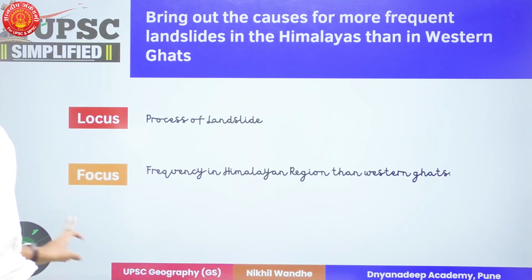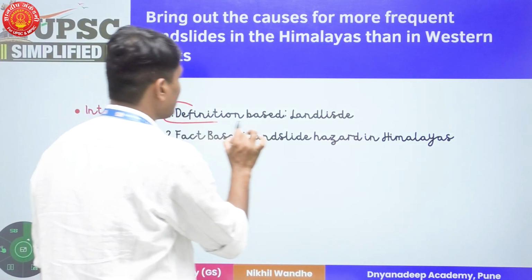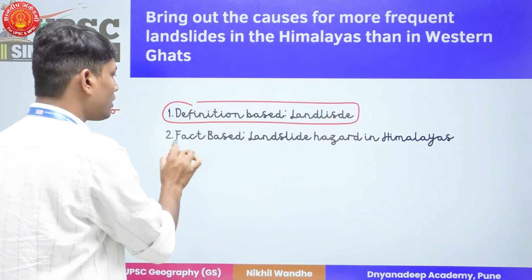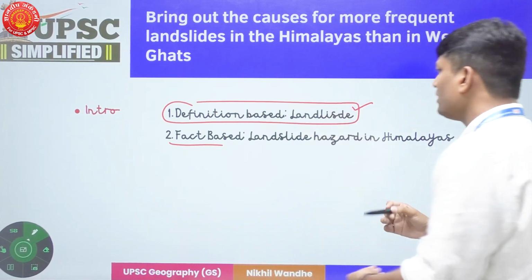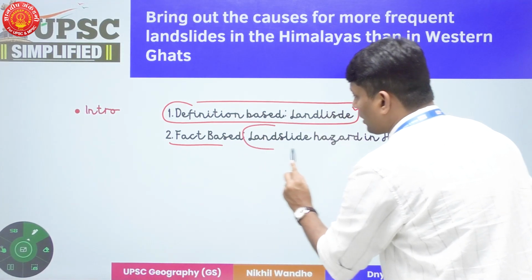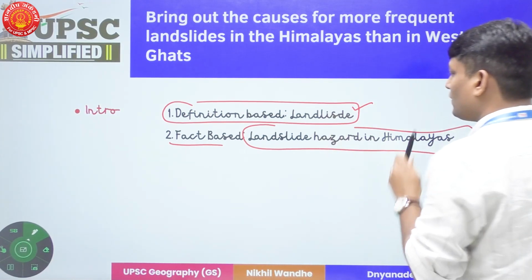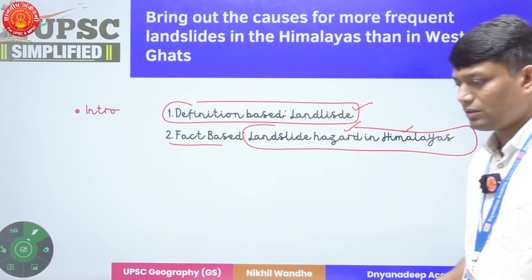Let us start with the introduction. Now, again, an introduction can be definition based or fact based. If you are giving a definition based introduction, just define what landslides are. If you are giving a fact based introduction, give some fact on the landslide hazard in the Himalaya. Now there can be multiple facts.